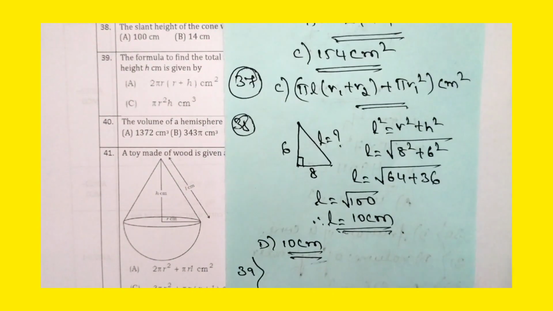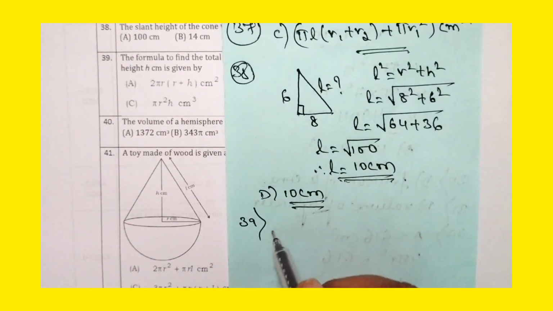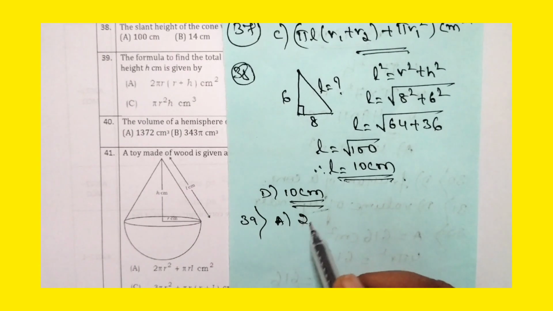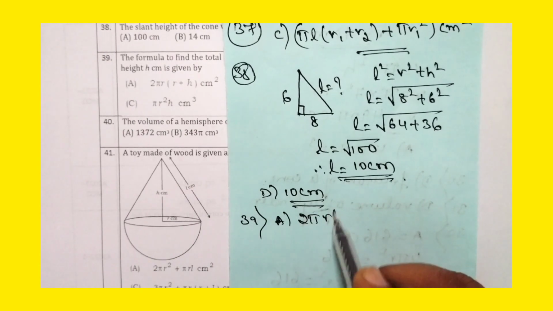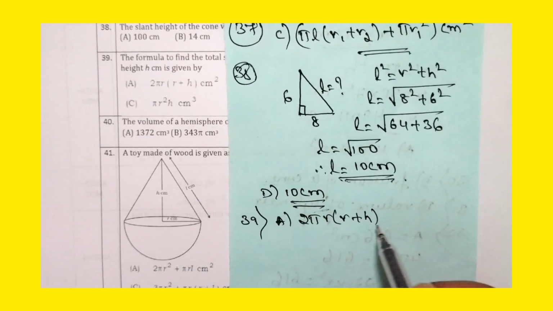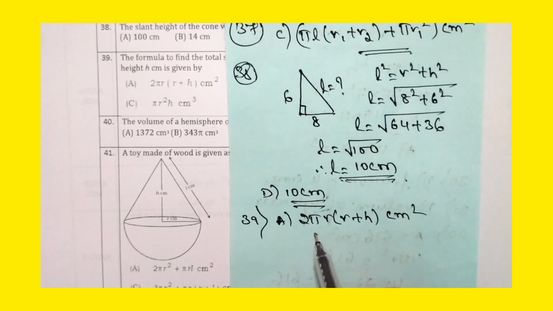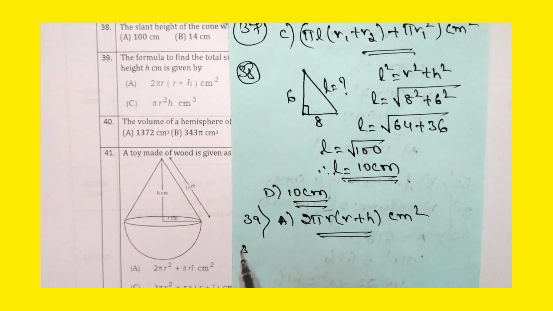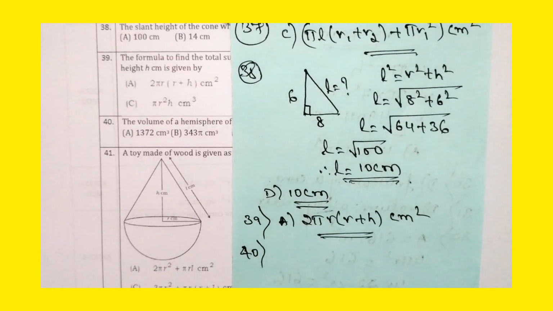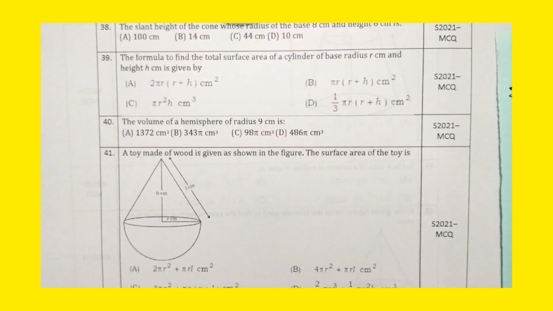So for the 39th question the right answer is option A, 2 pi r into r plus h centimeter square. So this is the total surface area. Now let us move to the 40th question.